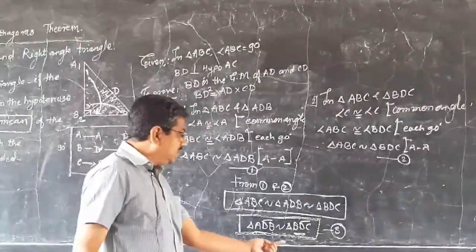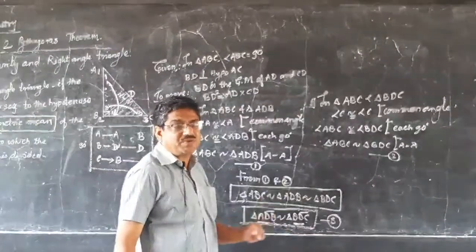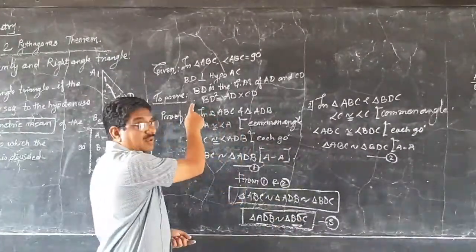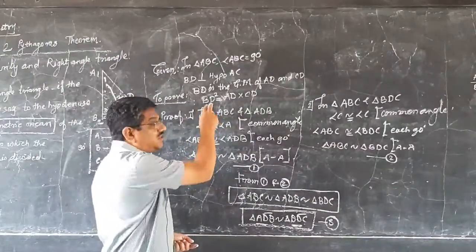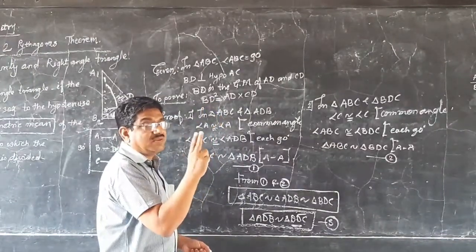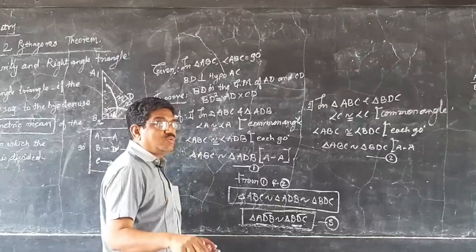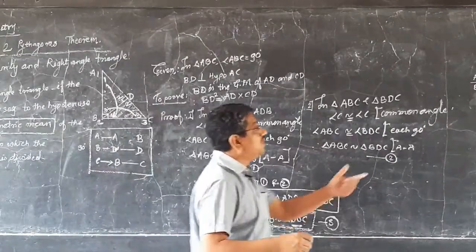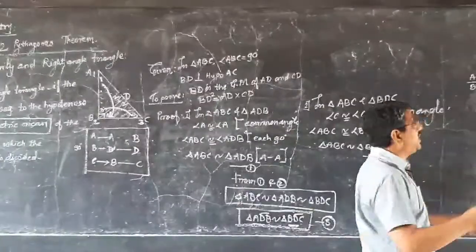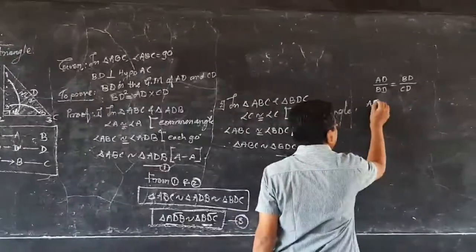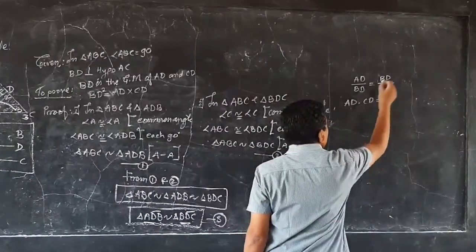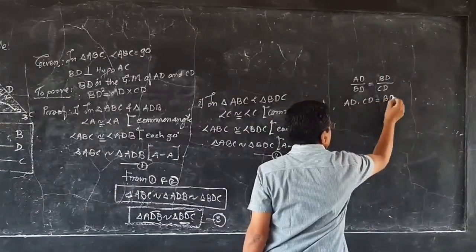These two triangles are similar, therefore corresponding sides are proportional. We have to take the two ratios, but see the proof. In BD square, BD is twice, two times. Therefore, you take the two ratios which contain the segment BD. In this way you can take. Now by cross multiplication, AD multiplied by CD is equal to BD into BD, that is BD square.